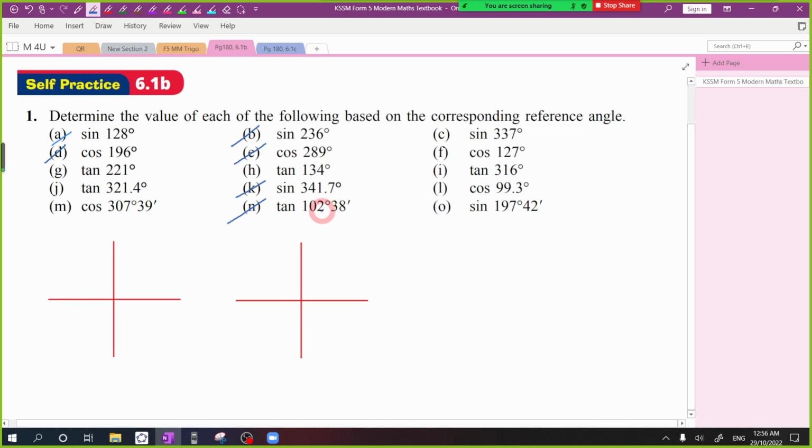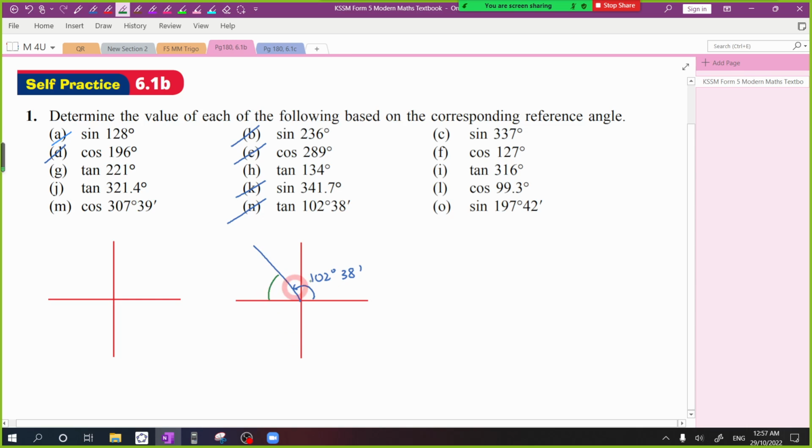Okay, now the angle is given in degree and minutes. So still remember, 1 degree is equal to 60 minutes. First is to sketch this angle, 102 degree and 38 minutes. So it should be somewhere around here. The reference angle is between the terminal side and the x-axis, which is here.